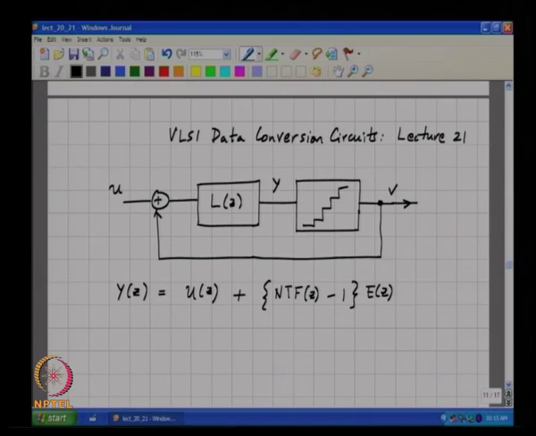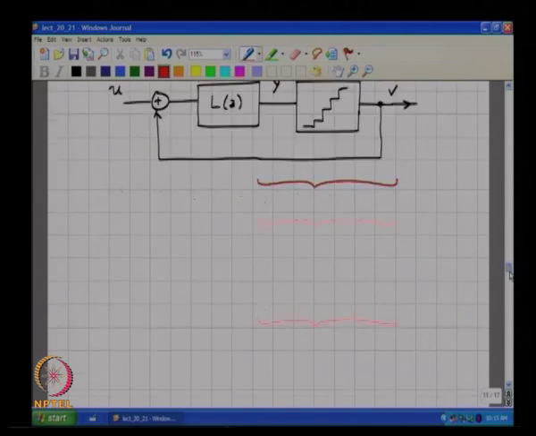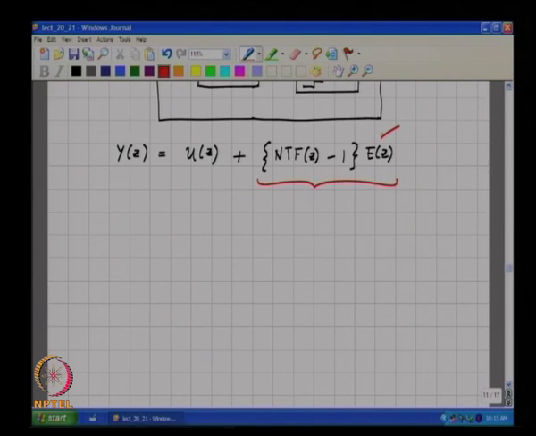And we were wondering how this behaves, and by assumption E corresponds to a uniformly distributed noise sequence, which is white, which means that it is uncorrelated from sample to sample and so on.